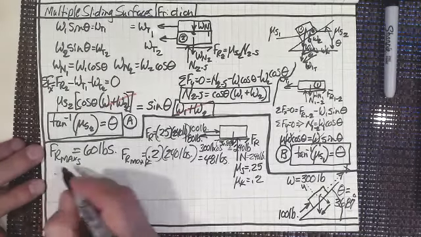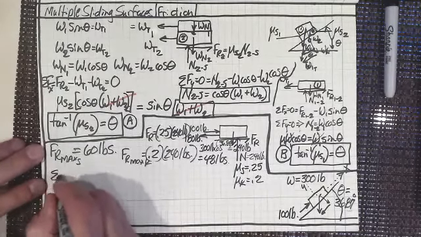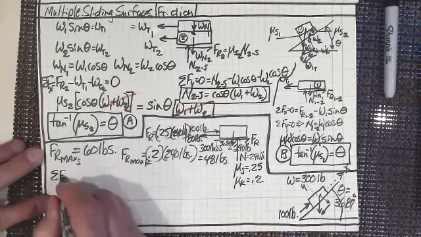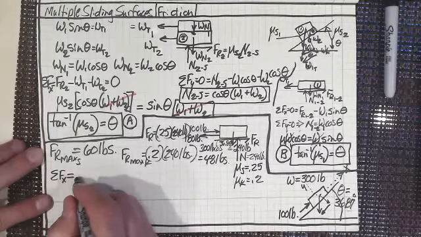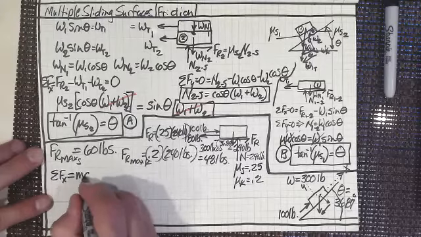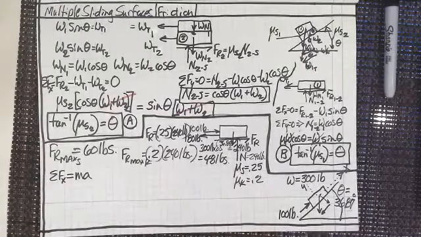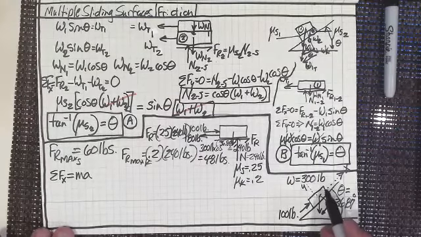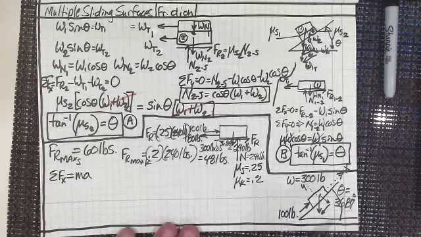So when I actually look at the summation of forces in the x direction, it's no longer zero, is it? It's mass times acceleration. Did I forget to give you the... no, I gave you 300 pounds. So the weight is 300 pounds. What's the mass?